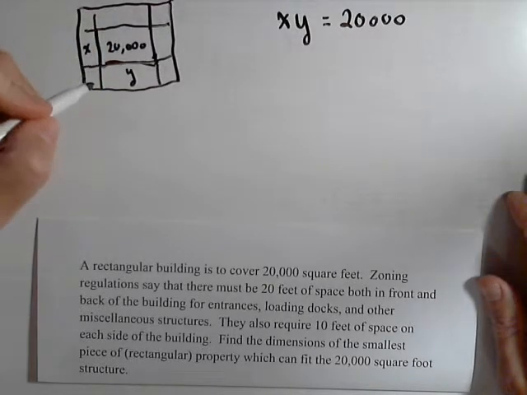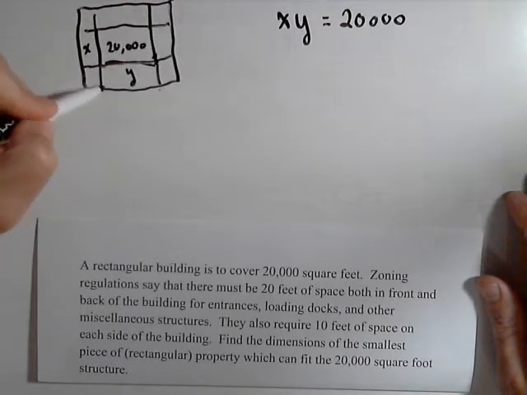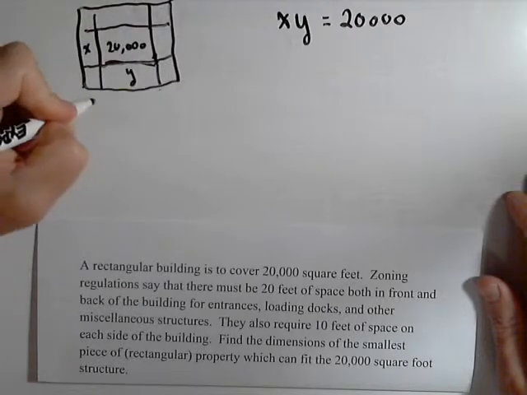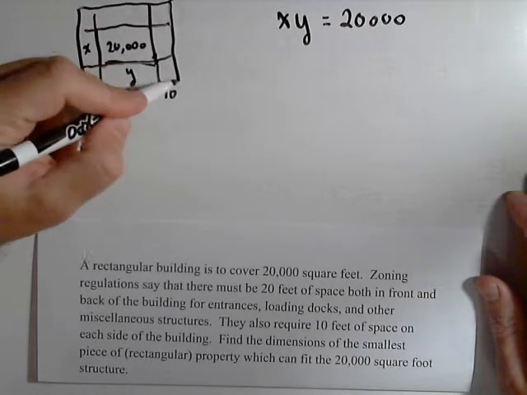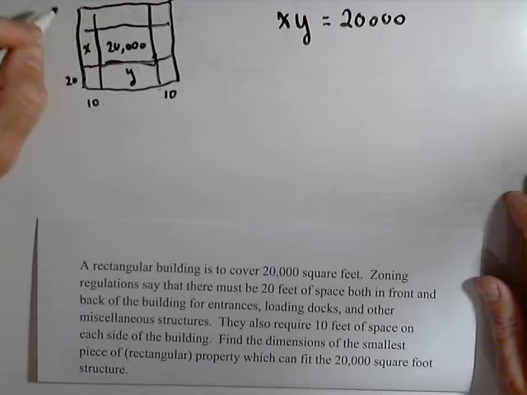So that's the one we're trying to minimize. So here, from here to here, we know it's y, and then we're adding 10 here and 10 here. So this whole length would be y plus 20. Similarly, over here we're adding 20 to x on both places, and so this would be x plus 40.